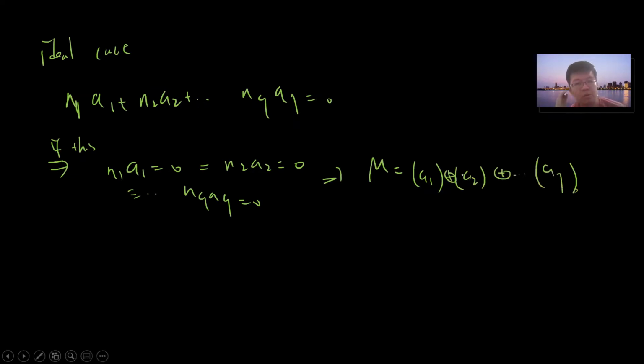In this ideal case, everything is easy. What I'm saying is that if this is not true, then we should be able to come up with another linear combination such that this is true.